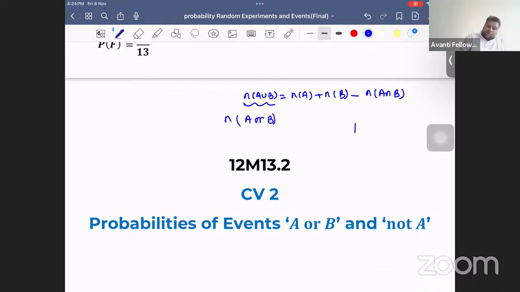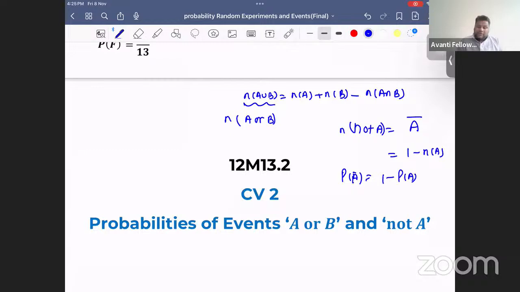And what is not A? Not A is A complement. So probability of not A is 1 minus probability of occurrence of A. Am I clear?